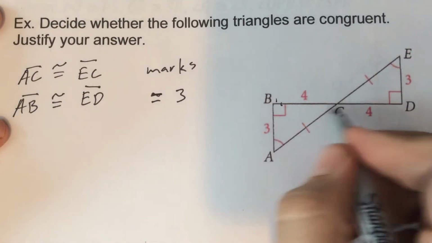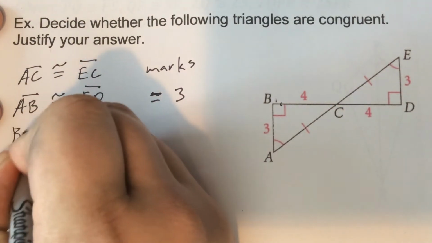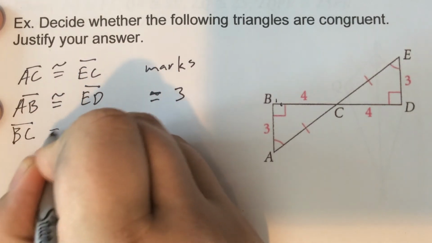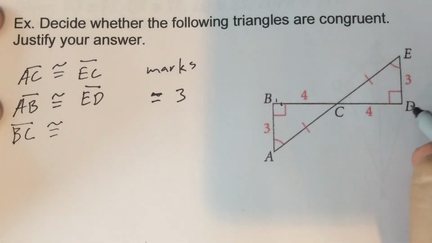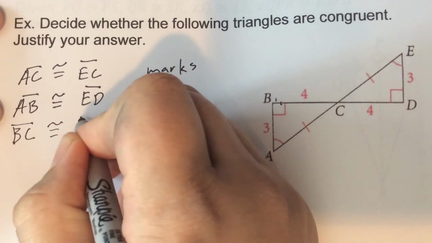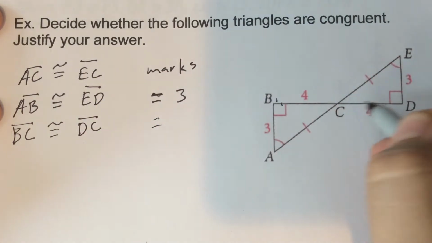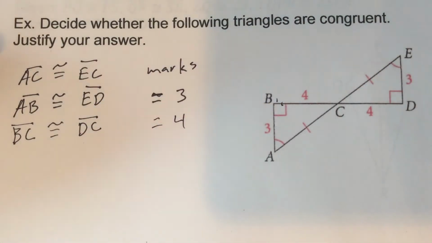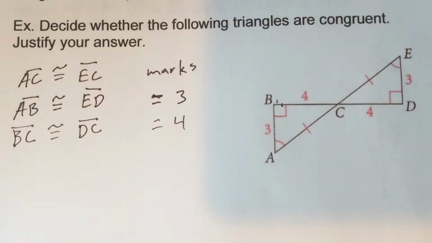My last set is BC here. It would be congruent to DC because they both equal 4. So I have 3 sets of sides, so that fits that definition.